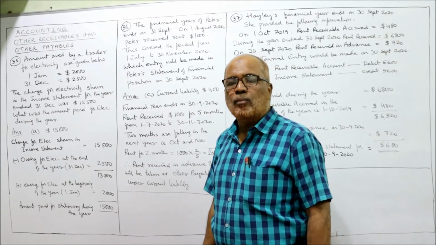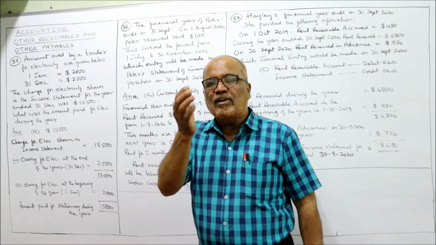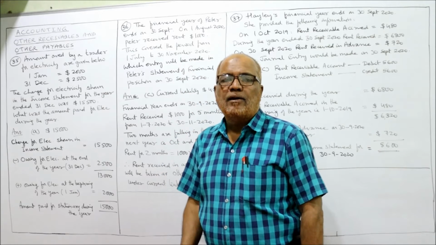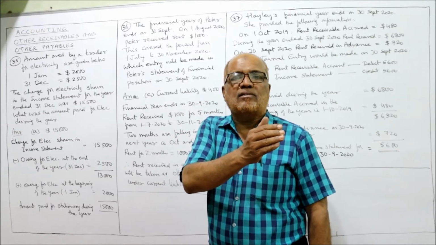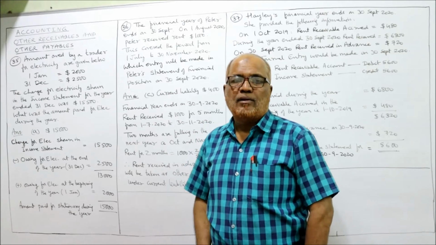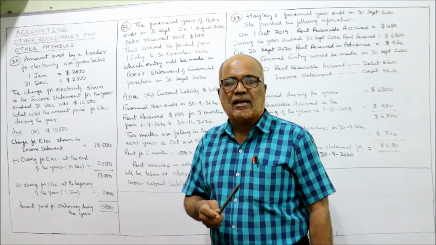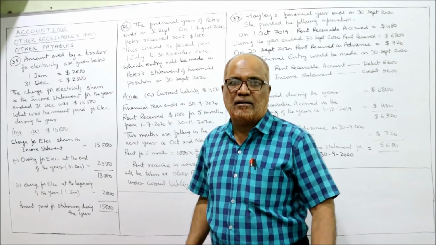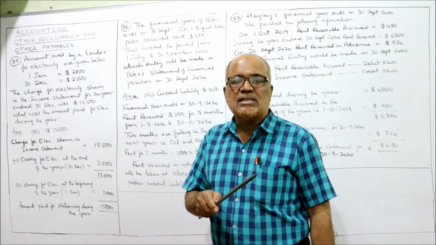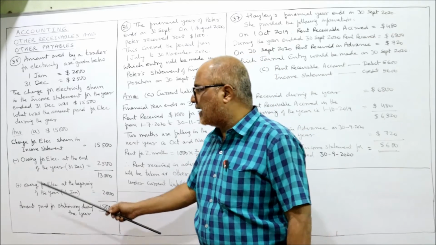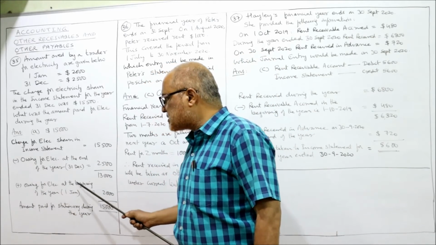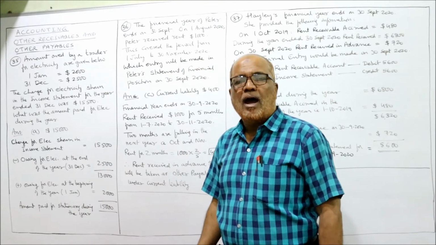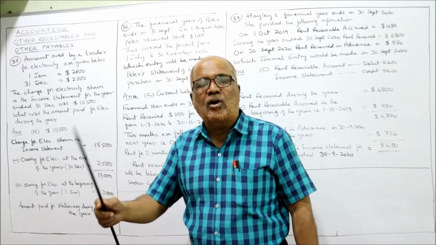To this, we have to make adjustments for two items: owing for electricity at the beginning of the year and owing for electricity at the end of the year.